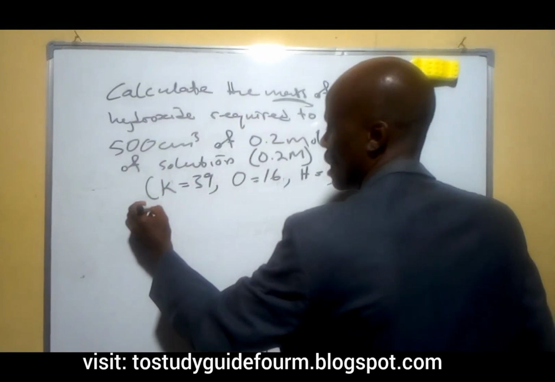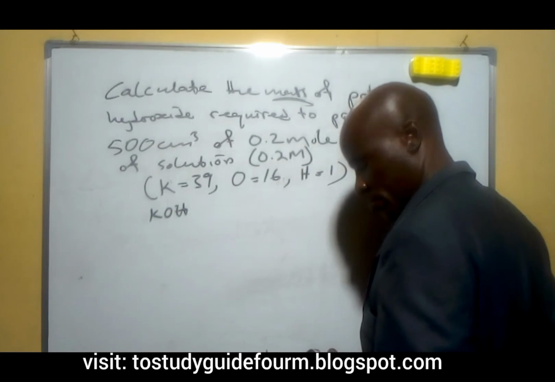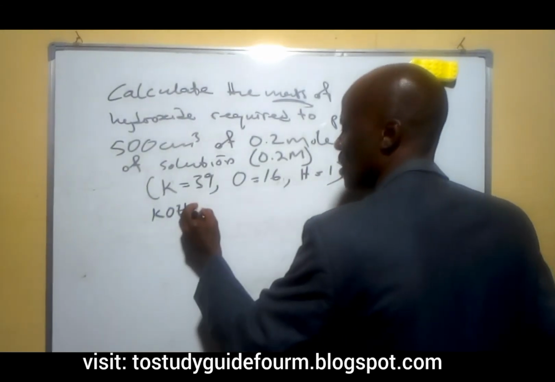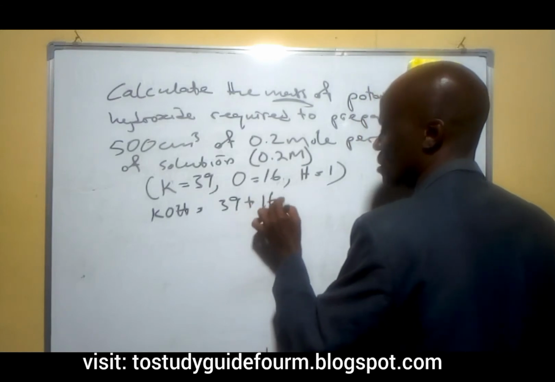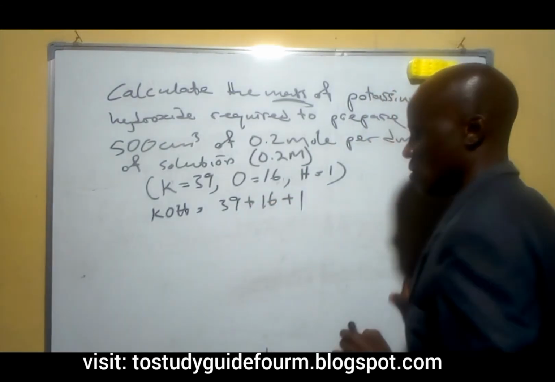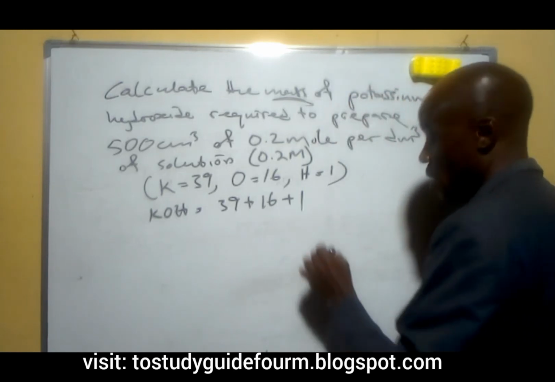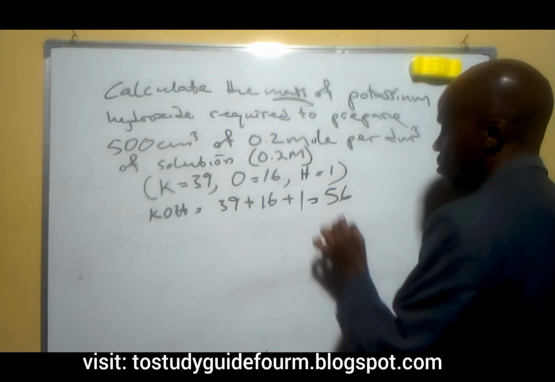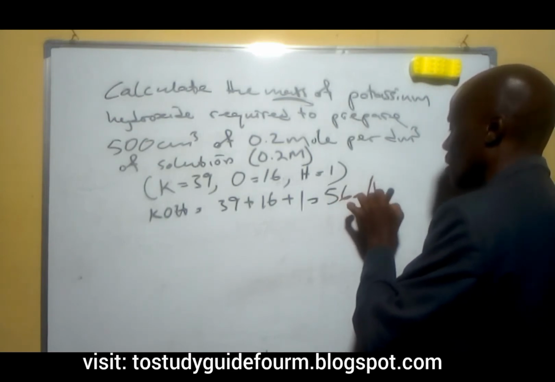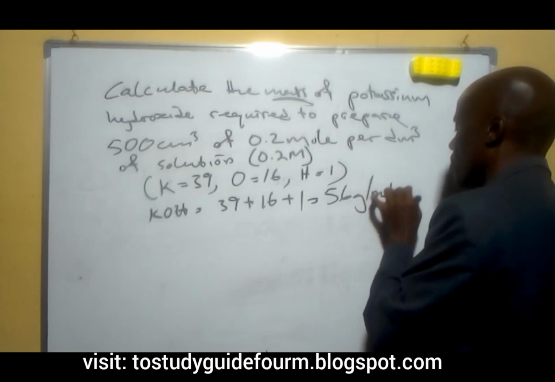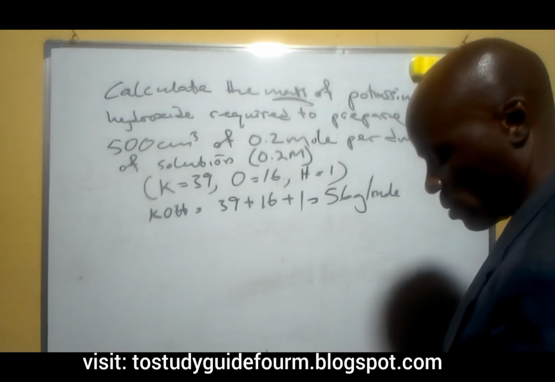Now we know that the molar mass will be potassium plus 16 and then plus 1. If we add this up, what we have there should be equal to 56 gram per mole. That is what we have there.